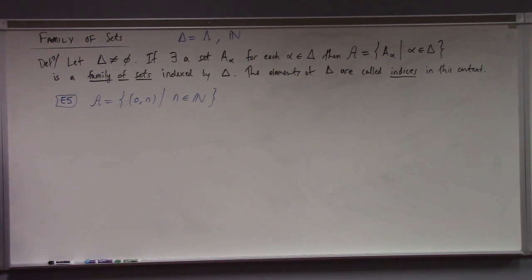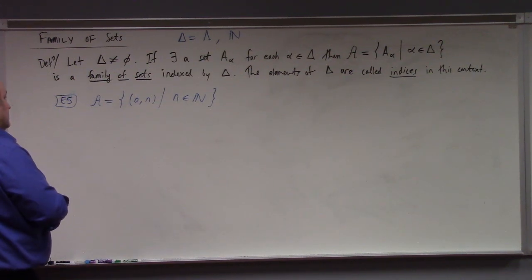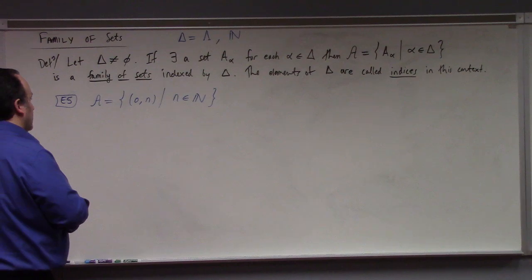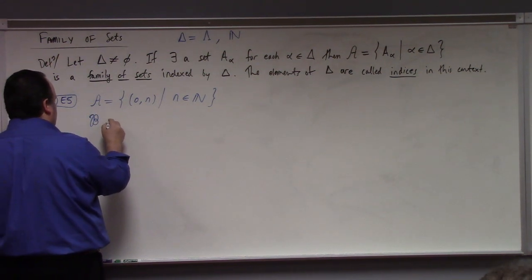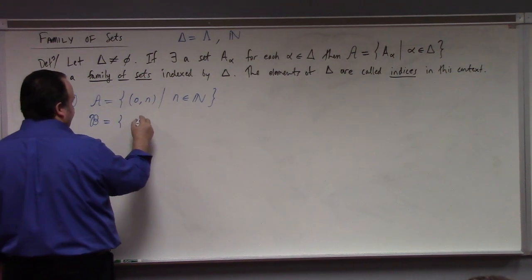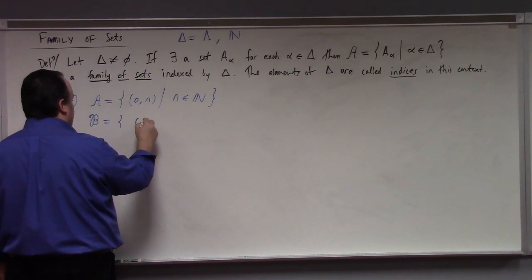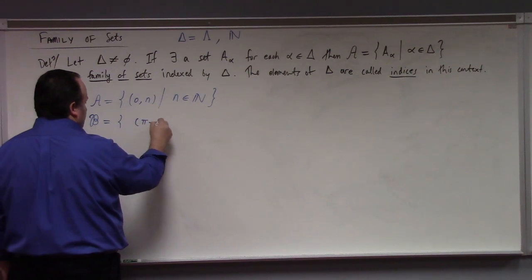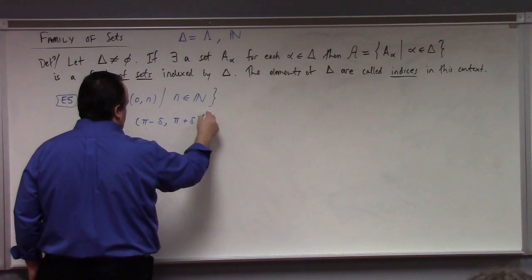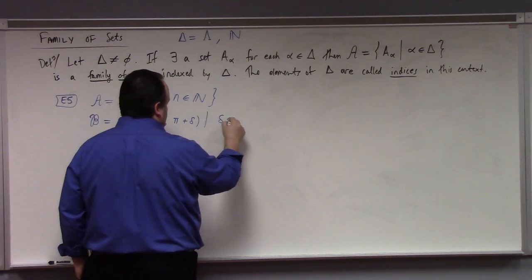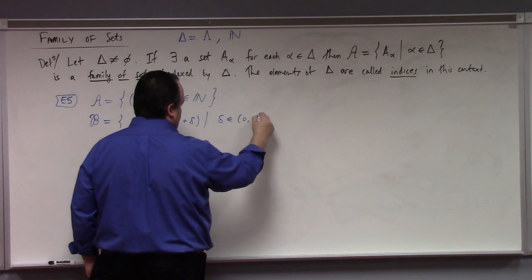That's a family of sets, right? Yeah. Here's another family of sets. I could do something like the interval from pi minus delta to pi plus delta, such that delta is an element of 0 to infinity.